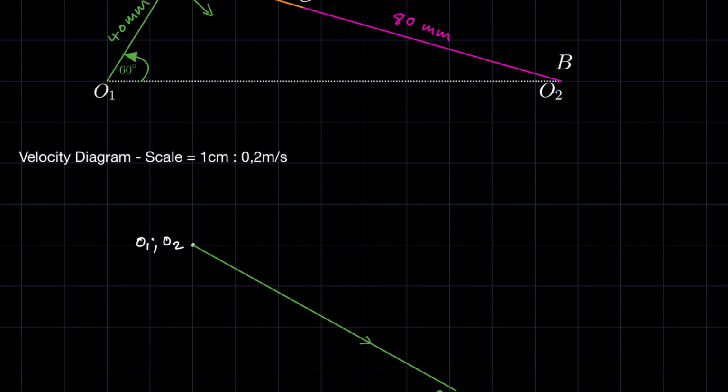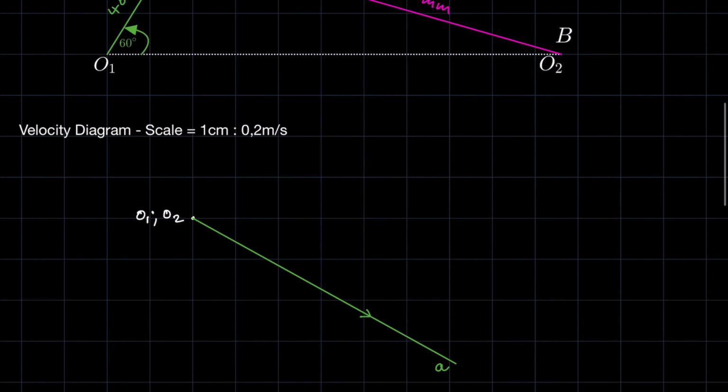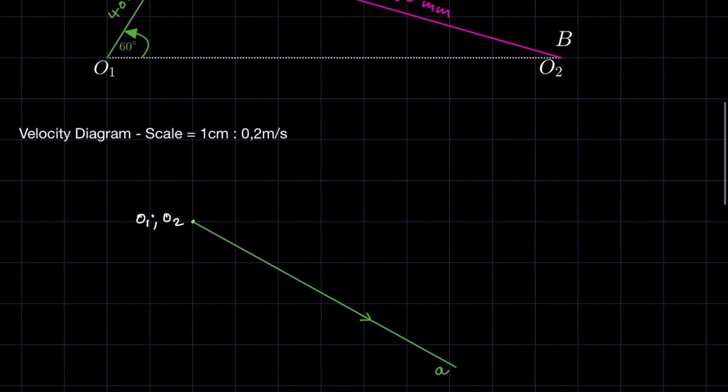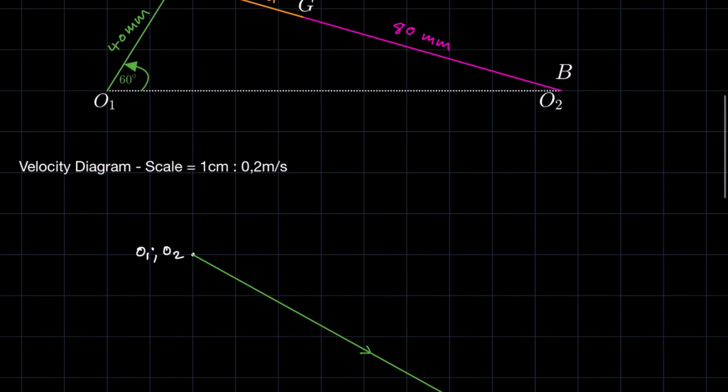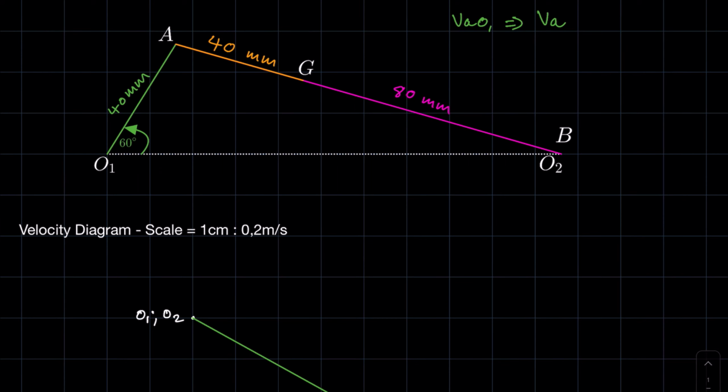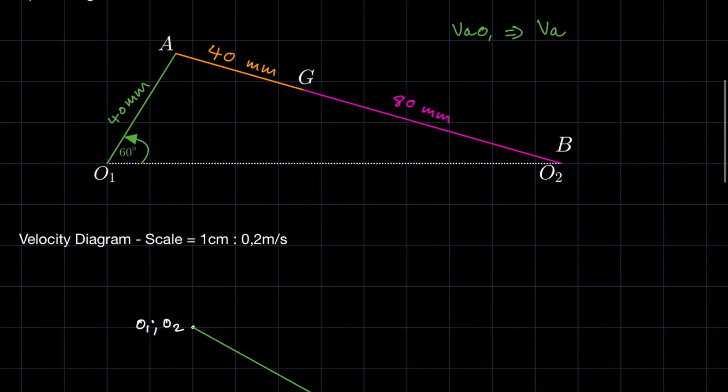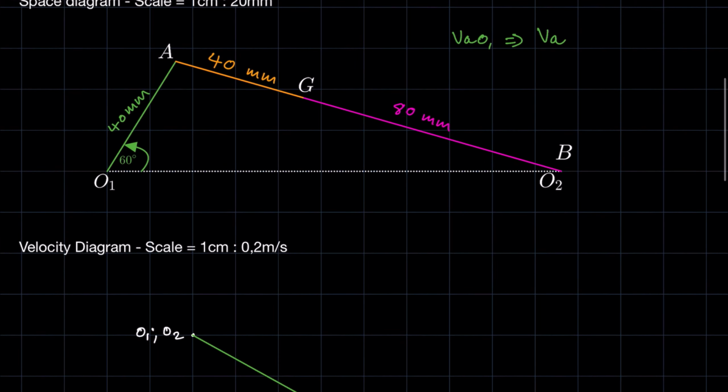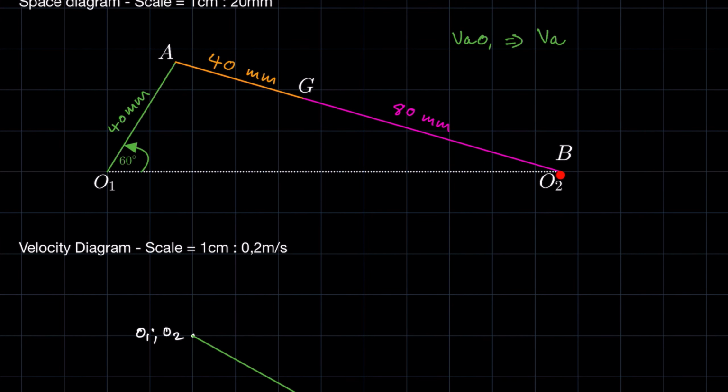Right. So now we have VA essentially, or VAO. Next, we are going to look at the tangential velocity of link AB. Now we are at this point, where we're looking for VB. B is the object and A is the frame of reference.